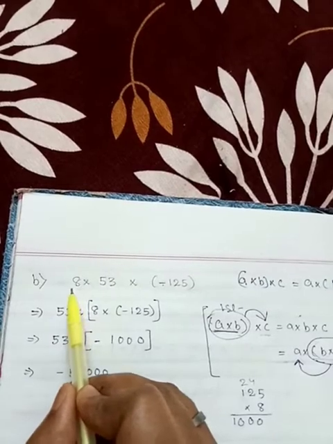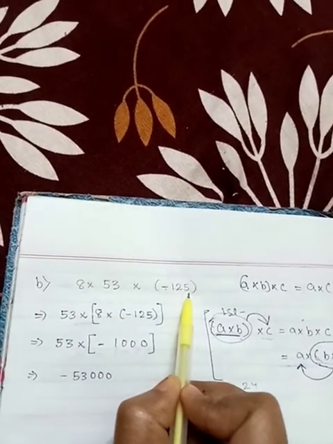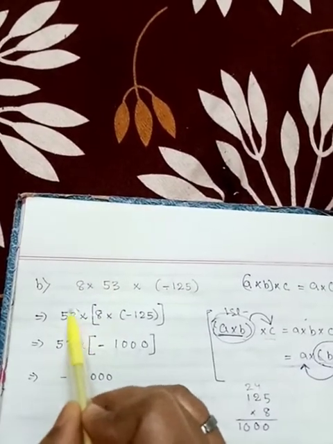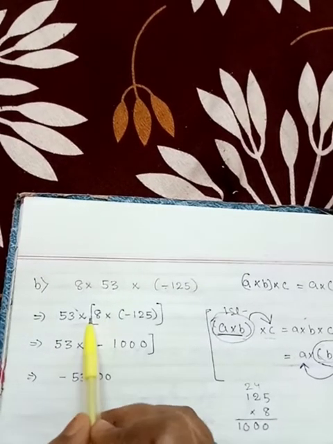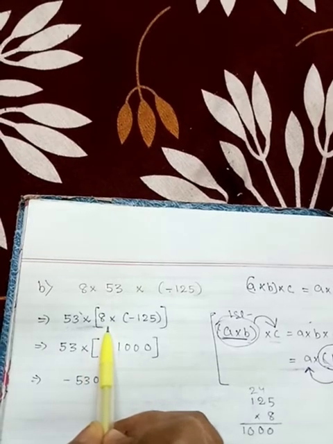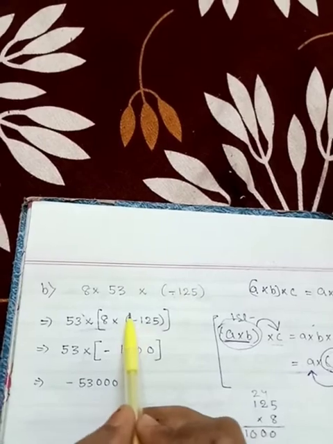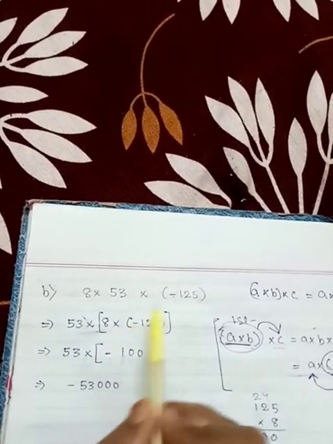So we multiply 8 into 125. Leave that 53 outside the bracket, and inside the bracket we write 8 times 125, putting the negative one inside the normal bracket.